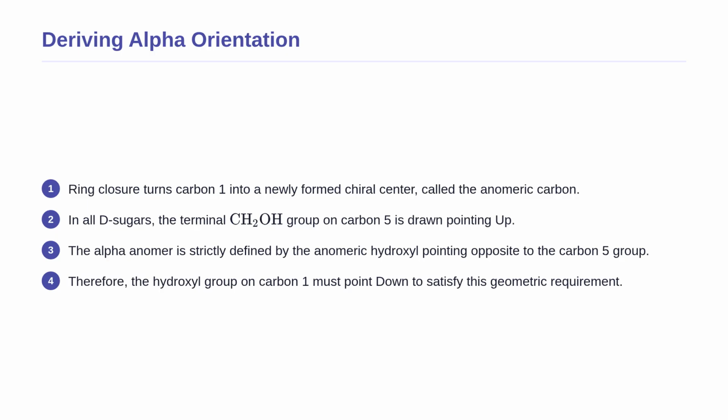By definition, drawing the alpha anomer requires the hydroxyl group on carbon 1 to point in the opposite direction of that carbon 5 group. Since carbon 5 points up, carbon 1 must point down. This logical deduction ensures the three-dimensional geometry is perfectly preserved.